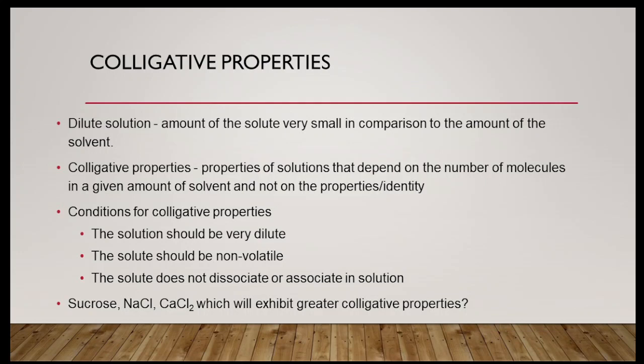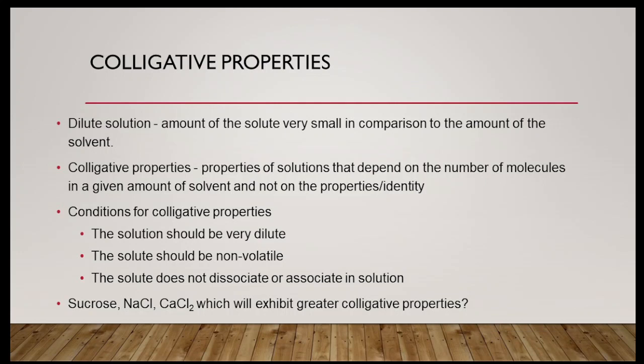The peculiarity of colligative properties is that the properties of the dilute solution depend on the number of molecules in a given amount of solvent, and not on the properties of the solute.